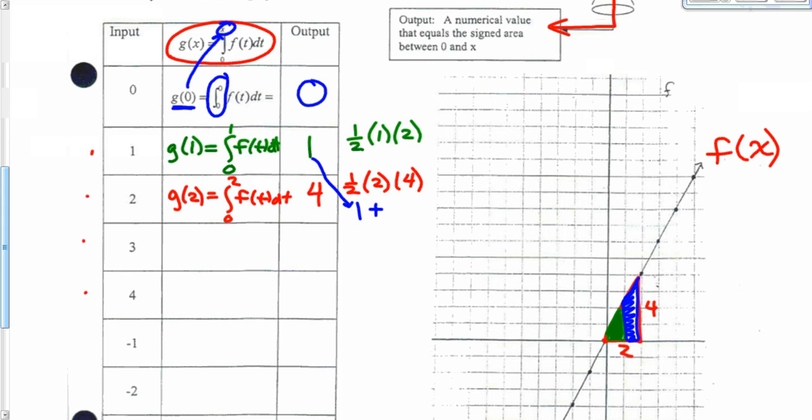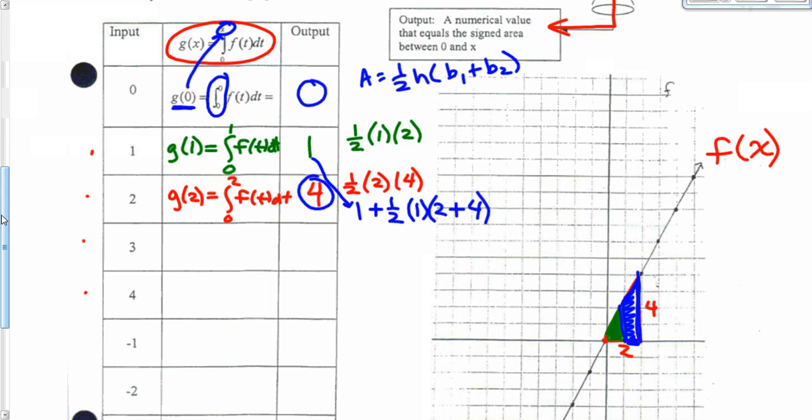The area of a trapezoid is 1/2 height times base 1 plus base 2. So this would be 1/2. The height of my trapezoid is 1. Base 1 is 2, plus base 2 is 4. So that would be 1 plus 1/2 of 6, which is 1 plus 3, which gives me 4.